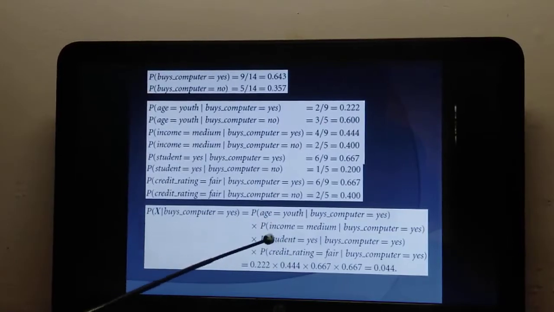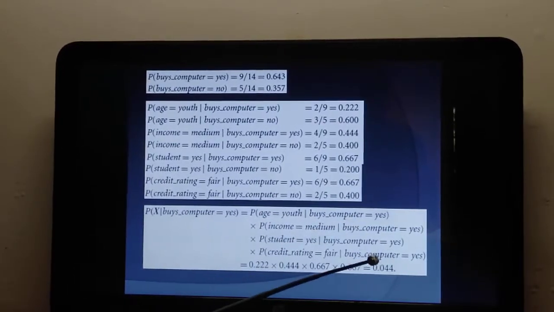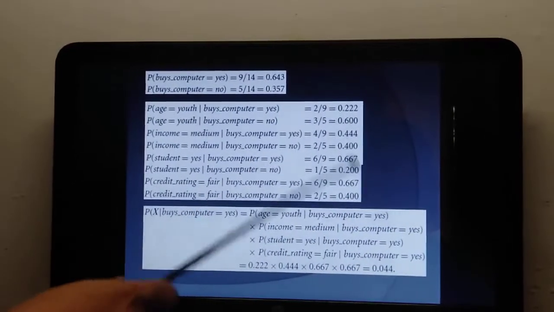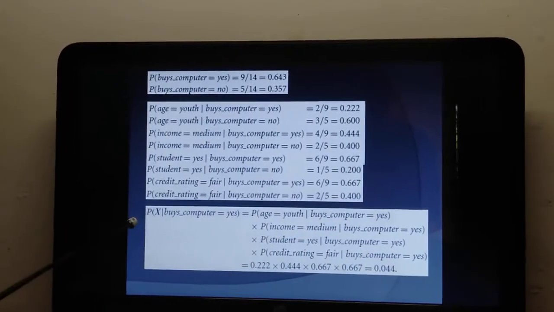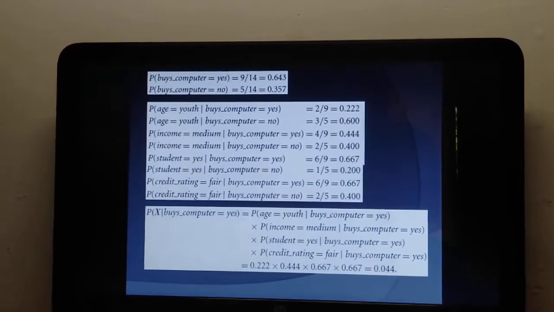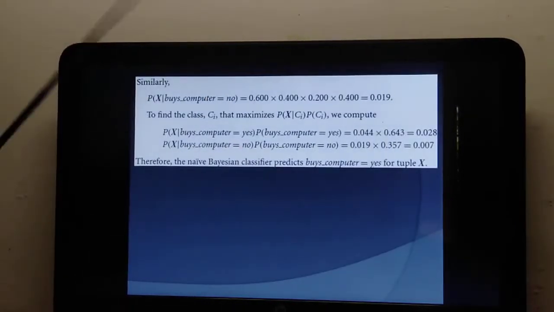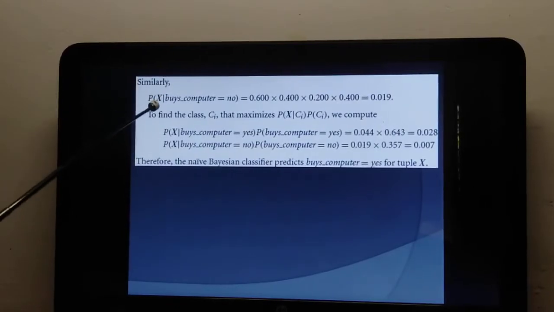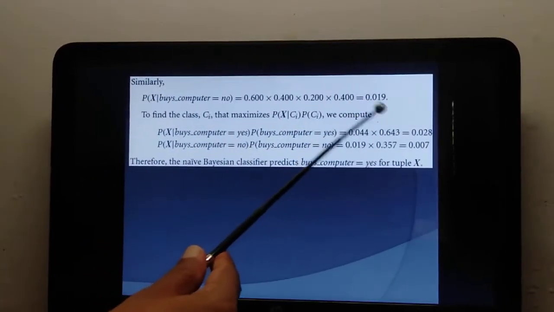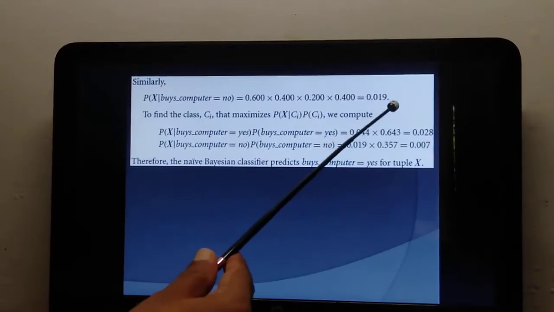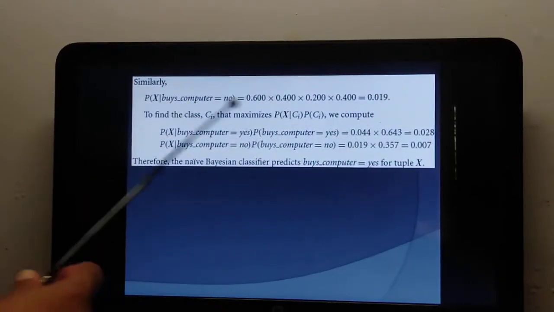So, for each of those attributes, the value is yes. We have got already the values over here. Just multiply those values and we get the answer of the probability of X given yes. Okay. Similarly, we will find out the probability of X given no. That is equal to 0.019. Same thing. We are doing the same thing.